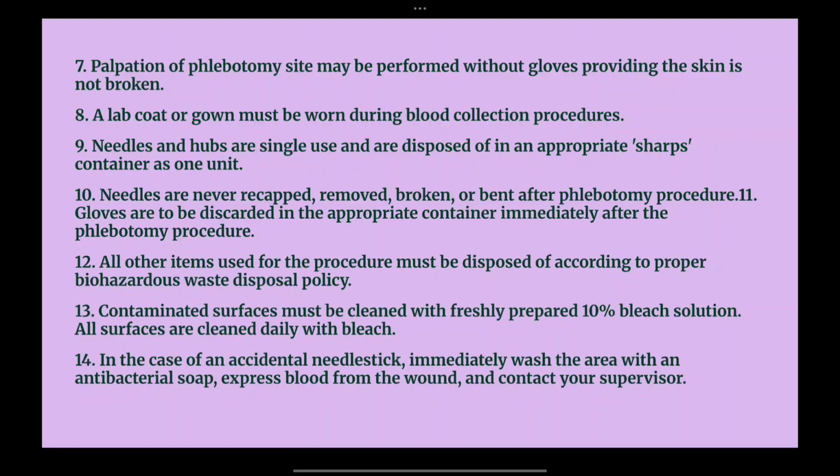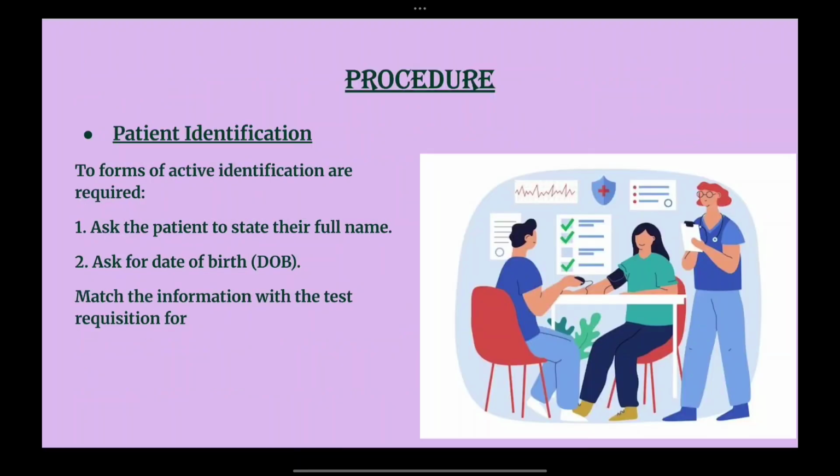Try to squeeze out whatever blood is in the wound. You are going to compress it, and the excess blood that is there, you are going to remove under running water, and then you are supposed to contact your supervisor for further instructions for the infection that is caused due to the accidental needle stick.